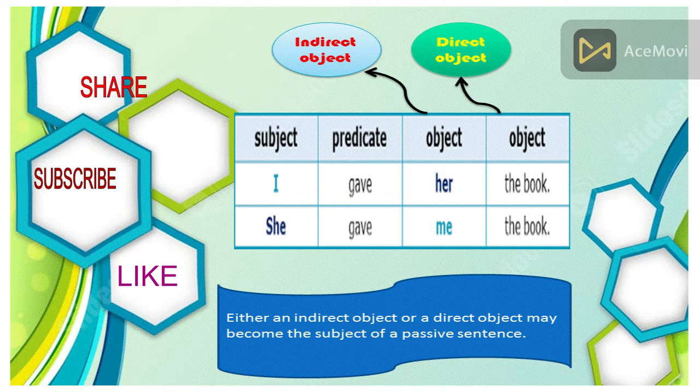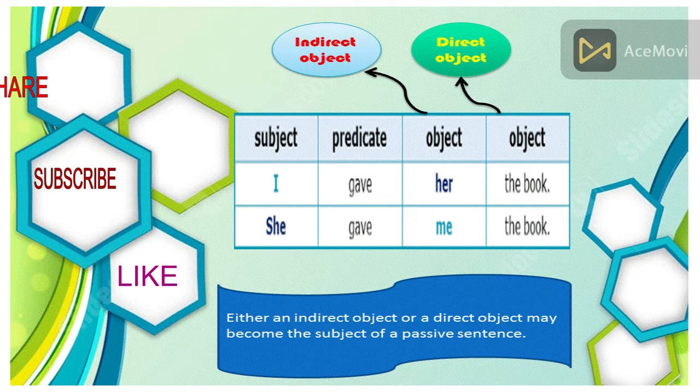I, subject; gave, the main verb, predicate of the sentence; her, because her is someone, so we call it indirect object. And the book is something, so we call it the direct object.